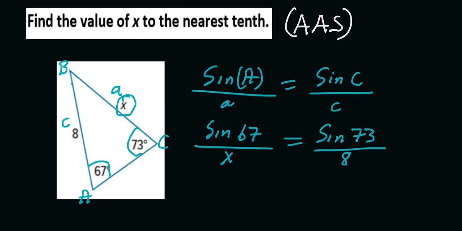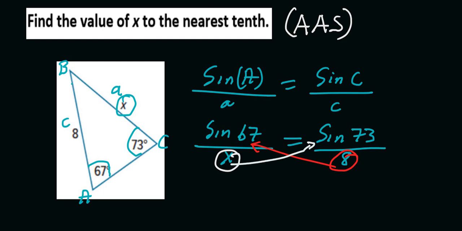Good. So at this point, we just have to cross multiply. You have the 8 here, just use it to multiply the whole of this, and this, use it to multiply this.